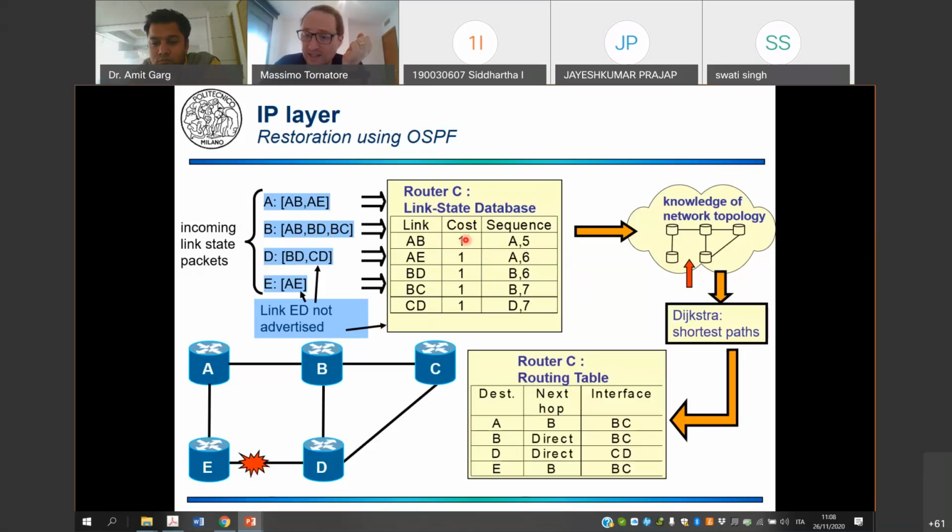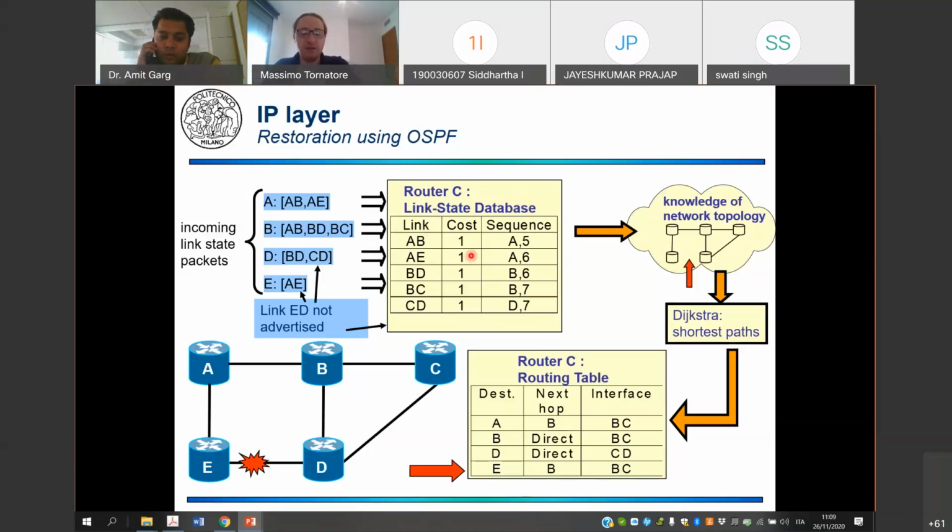So this iterative process, which starts when you have a failure, allows the routing tables to be readjusted every time there is a failure. In conclusion, IP by itself, even without protection at the optical layer, is able to solve the failures. The problem is that all this mechanism takes long. It might take several minutes, and an operator doesn't have so much time to wait before a failure is solved.